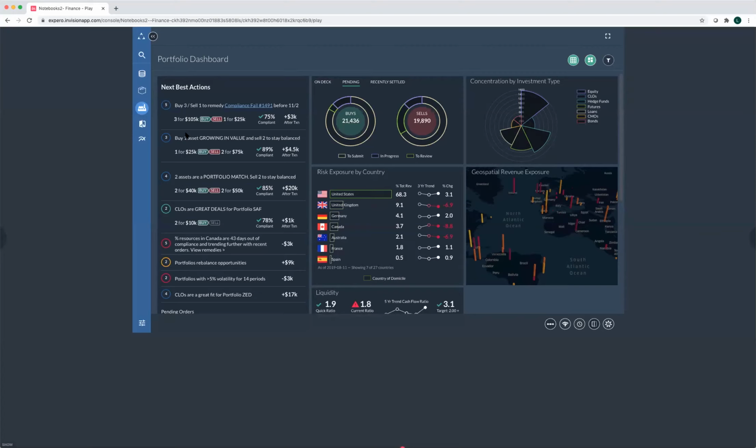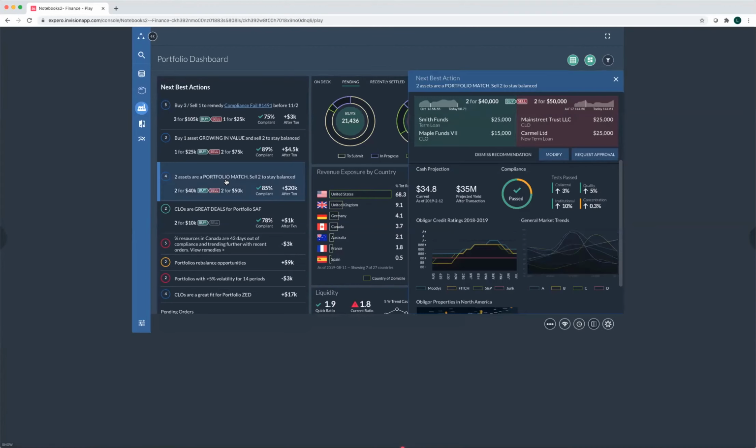These might be micro moves, a series of chess moves, intended to fix something falling into compliance failure, or it could be a brand new suggestion to add to the portfolio. So it's a combination of balancing strategies, staying in compliance, and those kinds of recommendations.